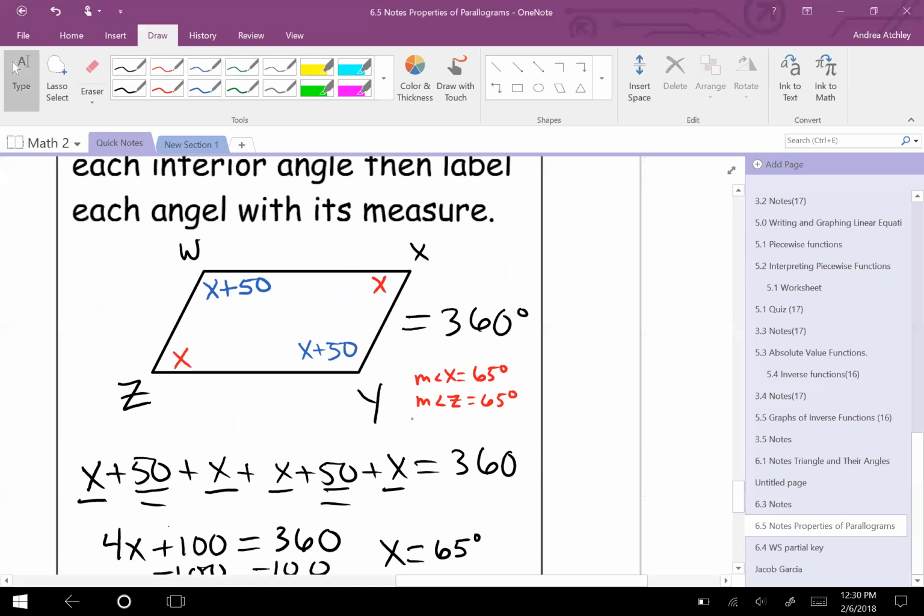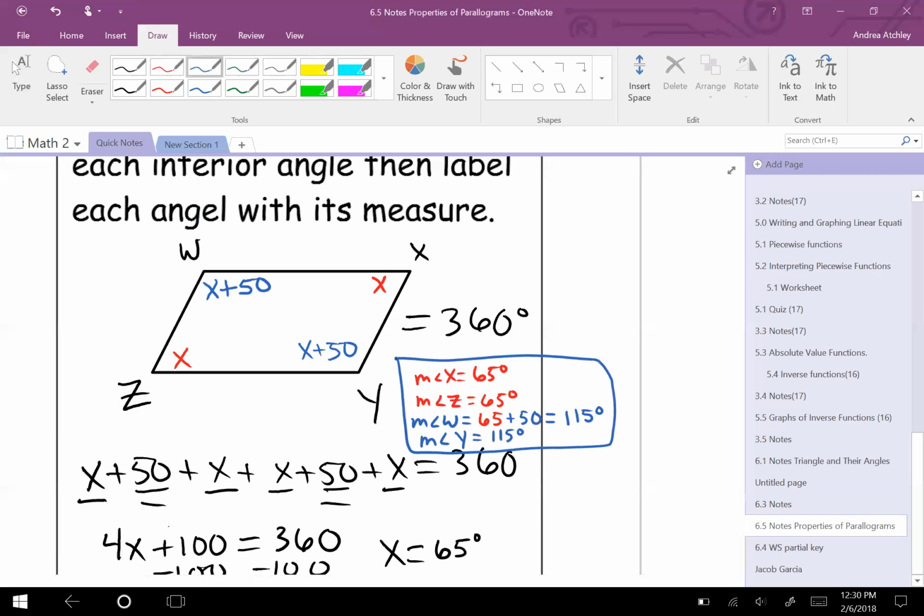Then we would have the measure of angle W equals 65 plus 50, which is 115. And that would also mean the measure of angle Y would also be that. Any questions over that? Now we set up our equation based on the fact that the sum of the interior angles of a parallelogram equals 360. So that's what we're going to use here.